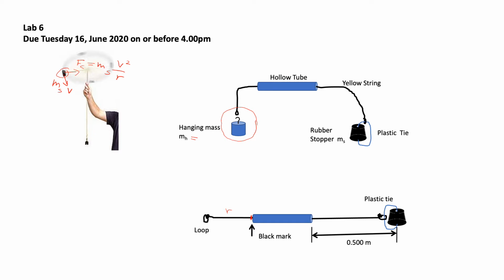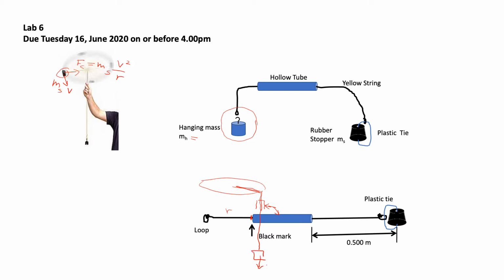When we spin this rubber stopper on a horizontal orbit, we never touch this string. We always hold it from this tube so that the radius is fixed, and on the opposite side we have a hanging mass.